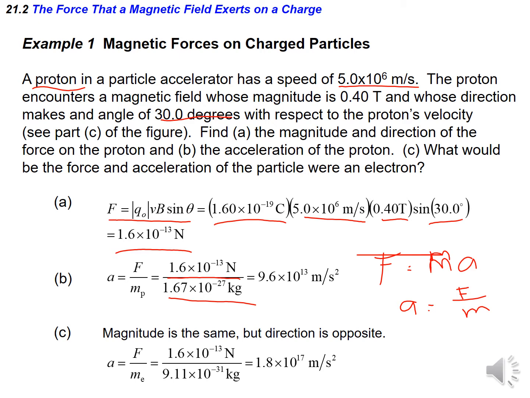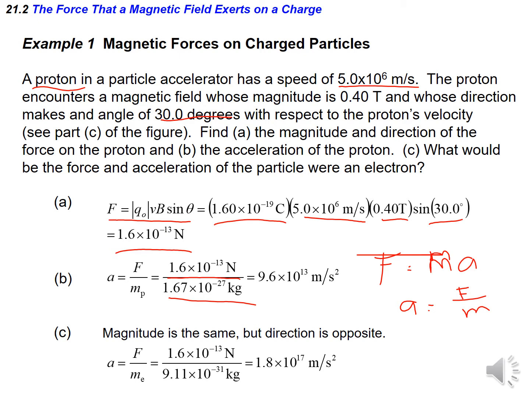For letter C, what would be the force and acceleration of the particle if the particle is an electron? We just need to replace the proton with an electron. Since they have the same magnitude of charge, 1.60 times 10 to the negative 19 coulomb, we will get the same value of magnetic force, which is 1.6 times 10 to the negative 13 newton.